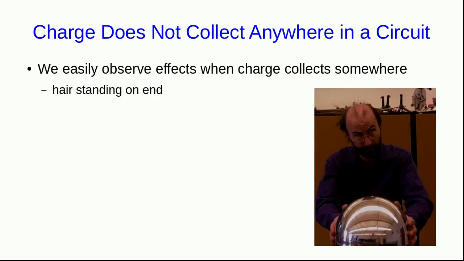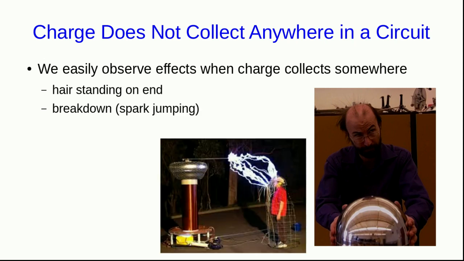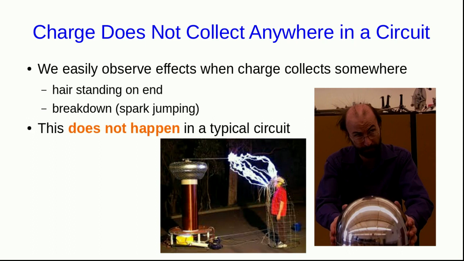If you're near it or particularly touching where the charge is collecting, your hair tends to stand on end, and you usually notice that. And if a lot of charge collects somewhere, then breakdown will occur and sparks will jump. Normally, you don't have either of those happening in a typical circuit, and that tells you that no charge collects anywhere in a typical circuit.